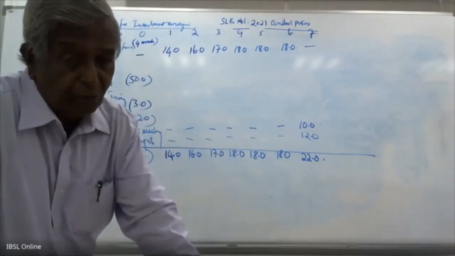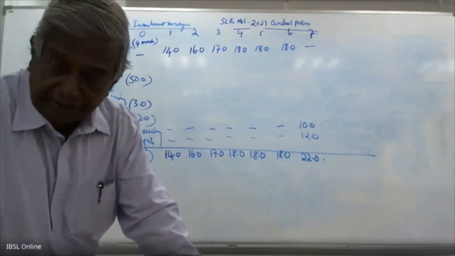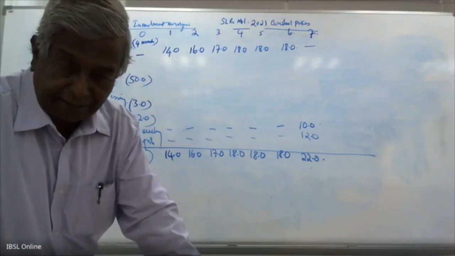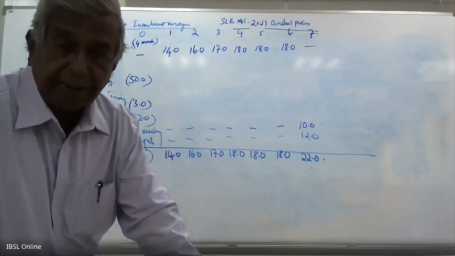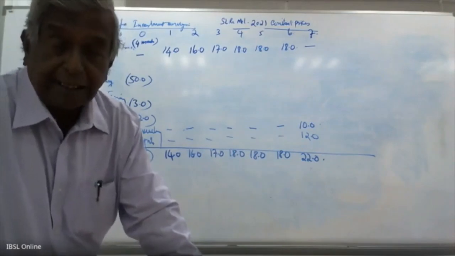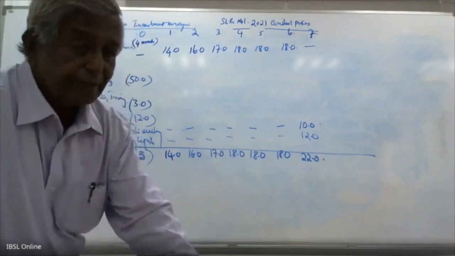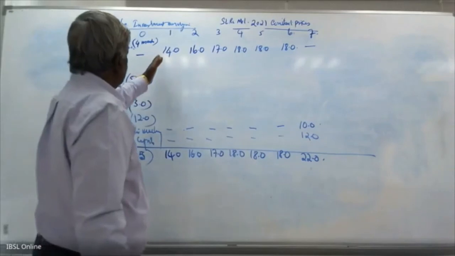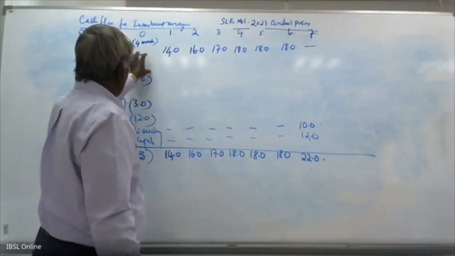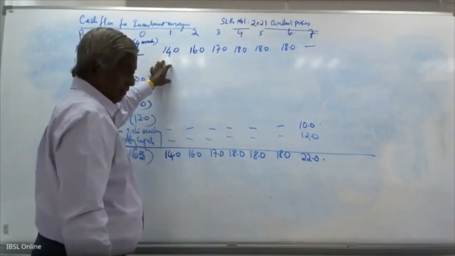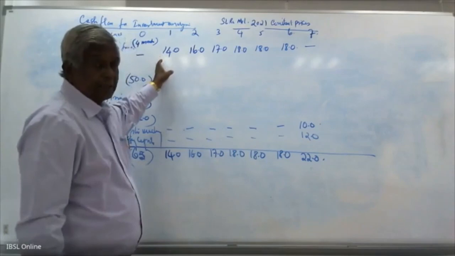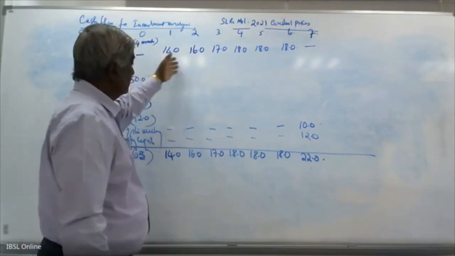Once the investment is over, year 1 starts. The project starts and the income starts. So don't consider the balance 8 months separately like that. It goes on.